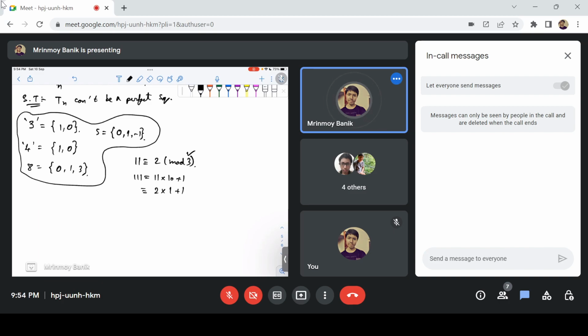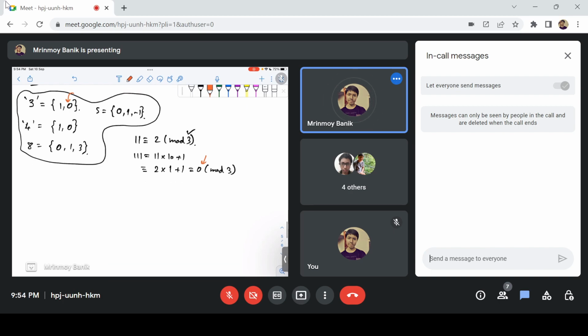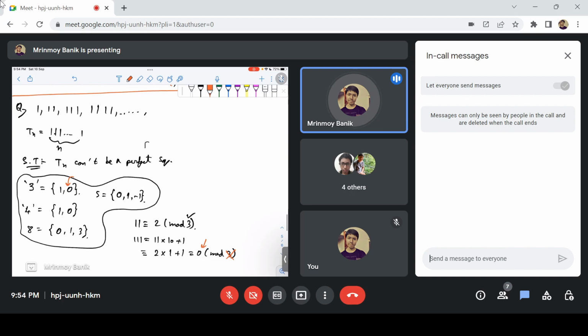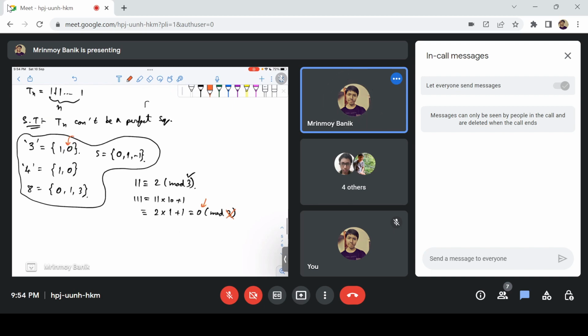So that's 3, so that's 0 modulo 3. Alas, 3 divides 111, and 0 is in the quadratic residue set of 3. So we can't use 3 as our prime candidate for proving that this sequence doesn't have a perfect square. So let's move on to the next prime, 5.